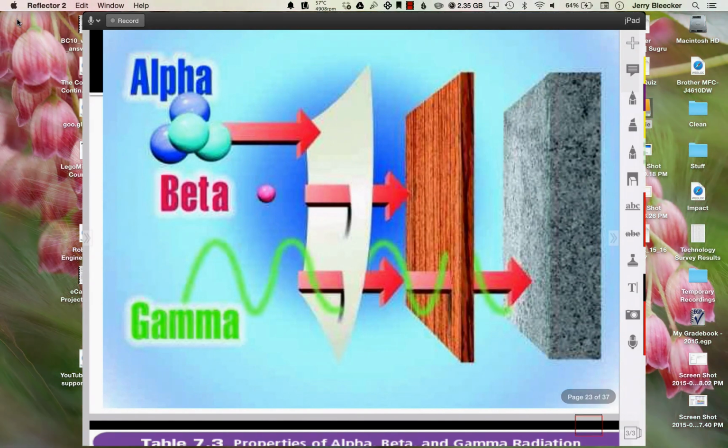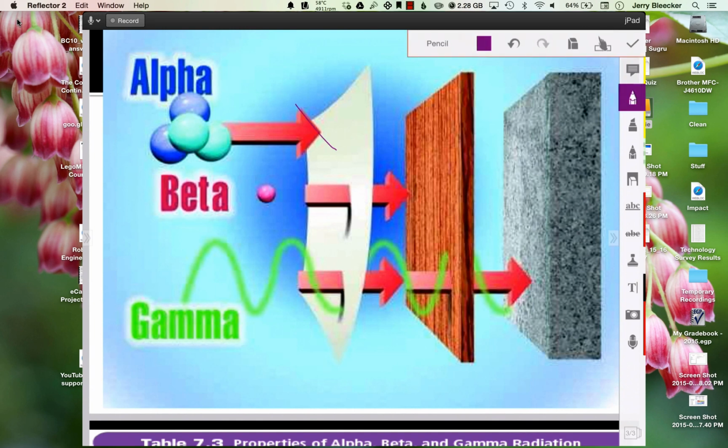So when we look at this, it's a really common test question. You just want to put this one in your memory bank. Alpha radiation is stopped by paper. Not a big deal. Beta radiation, which is a high energy electron, unlike a helium nucleus, has enough juice to get stopped by something moderately dense.